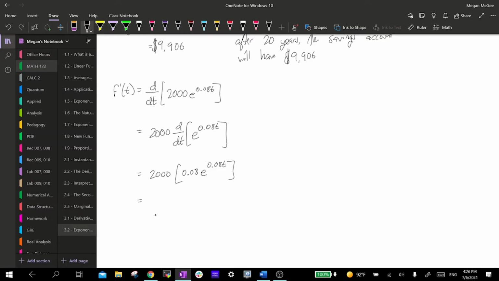Okay, and if we go ahead and multiply in the 2,000 times the 0.08, we'll end up with 160e to the 0.08t.